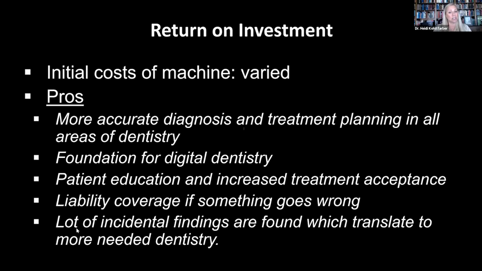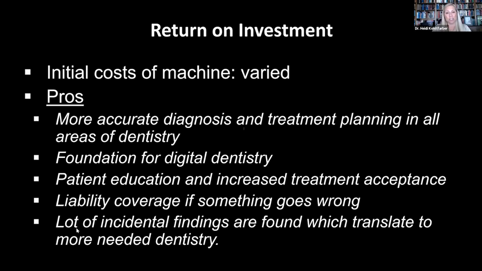Initial cost of the machine is varied. There are cheaper ones and there are more expensive ones. If it's really, really cheap, you want to be a little bit cautious of that. Just for example, say you're looking at eBay and somebody's selling, I don't know, pearls, and the pearls only cost $10, they're probably not real.